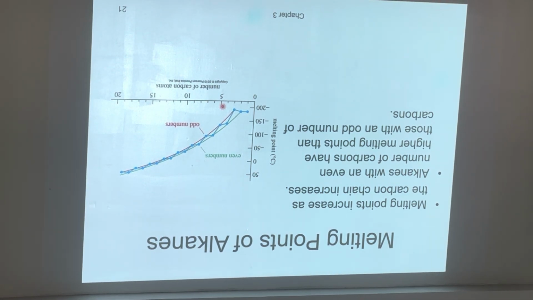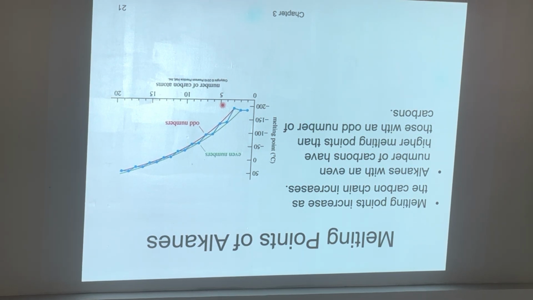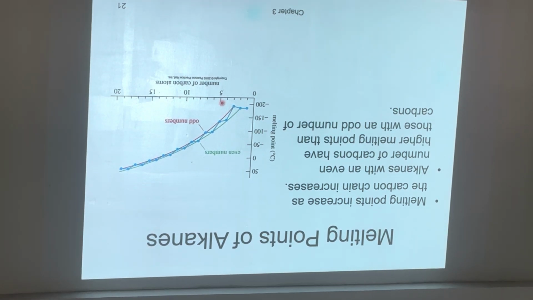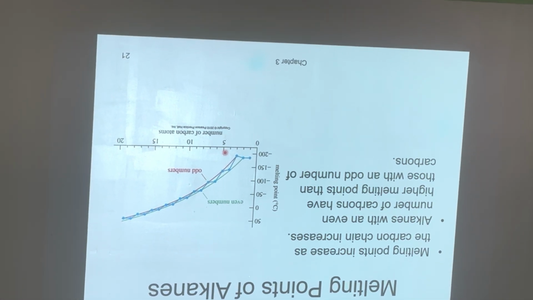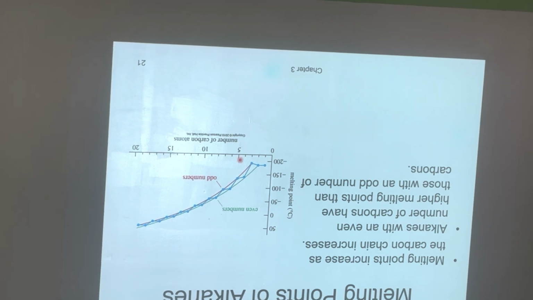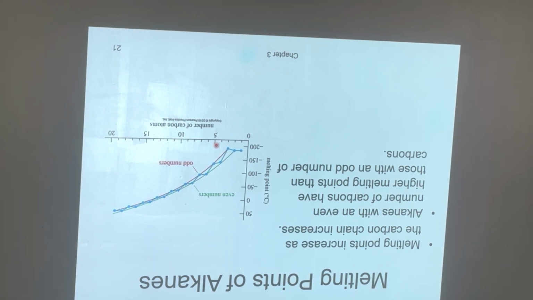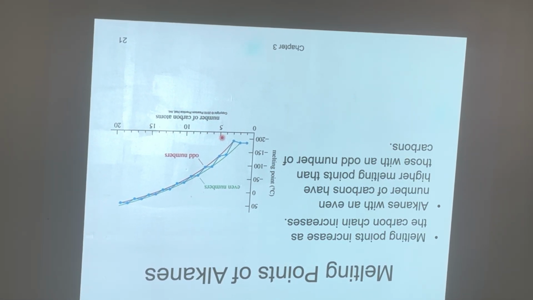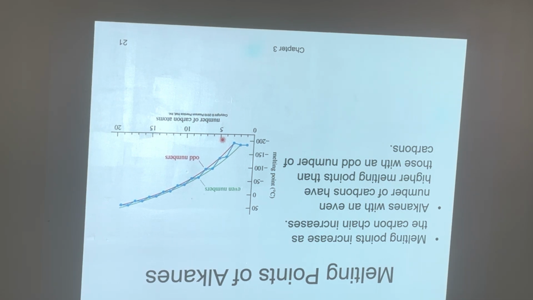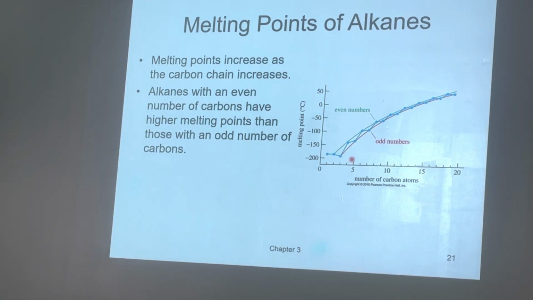With odd number alkanes, you tend to have a more symmetric compound because you have one in the middle and then the flanking sides are even, right? So odd number alkanes tend to have a slightly lower melting point because of that uneven symmetry. So even numbers tend to pack easier, better together.